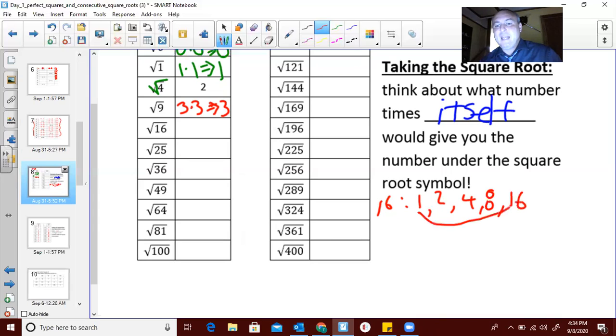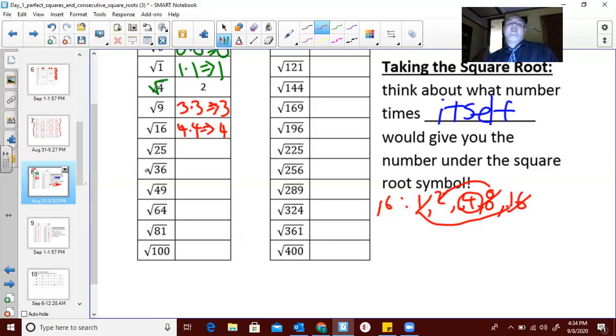We know 2 times 8 makes 16. So those aren't going to do us any good. But here, we know that 4 times 4 is going to be 16. So the square root of 16 is 4.